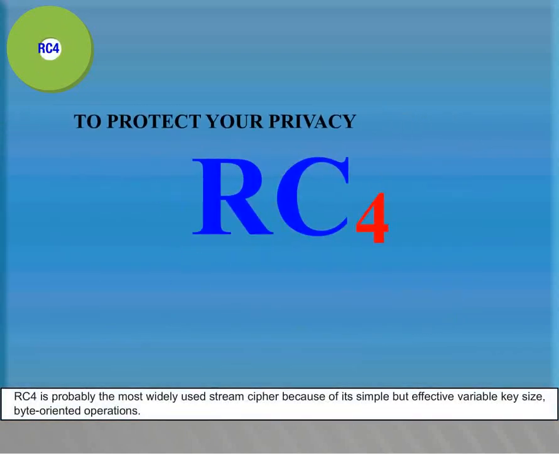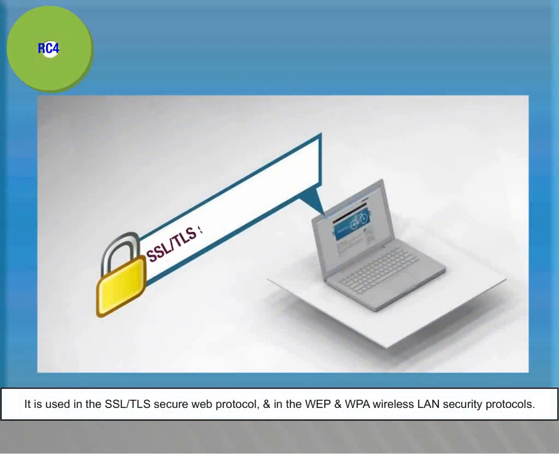RC4 is probably the most widely used stream cipher because of its simple but effective variable key size byte-oriented operations. It is used in the SSL or TLS secure web protocol and in the WEP and WPA wireless LAN security protocols.